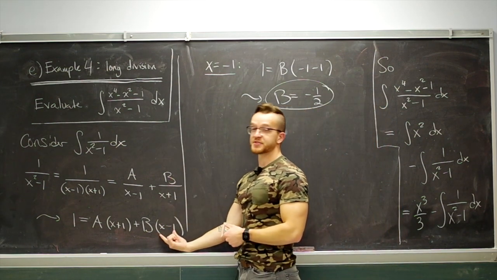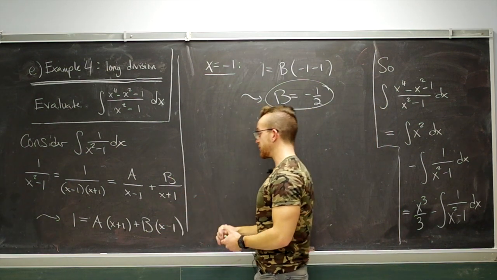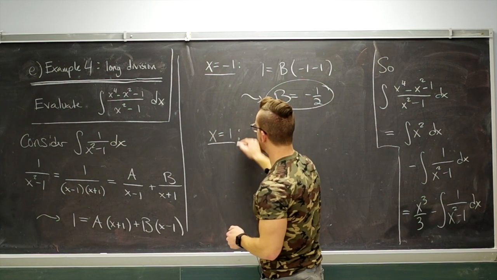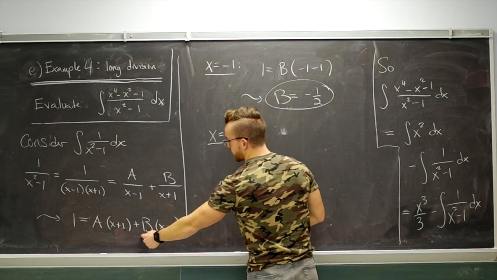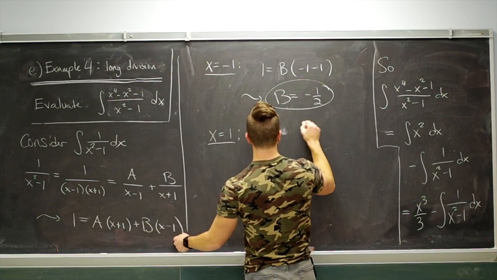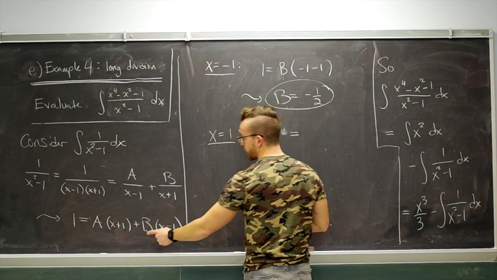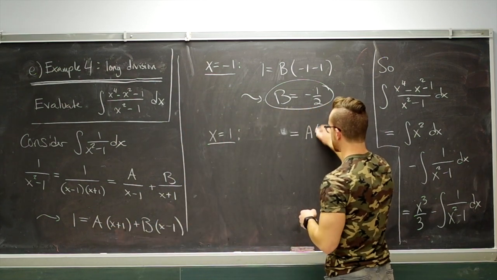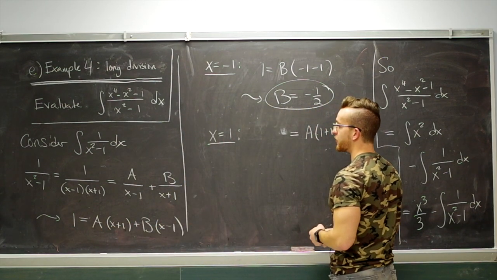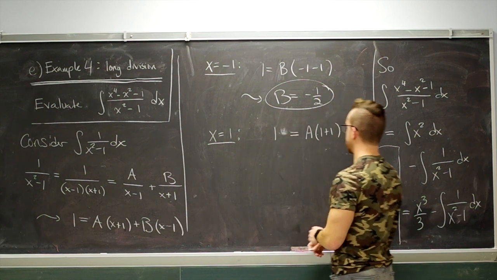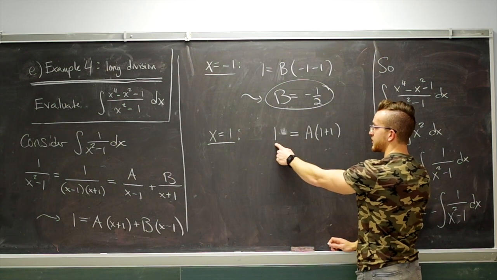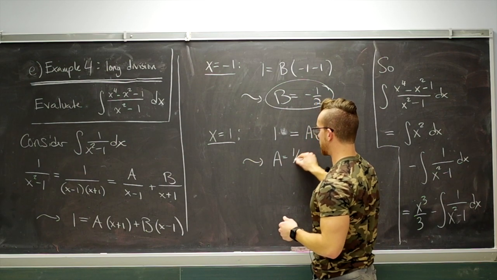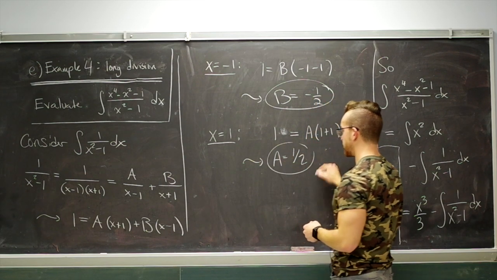Then once we plug in x equals 1, we'll get a, and we'll be in the home stretch. When x equals 1, this term is 0. So on the right-hand side, we just have a times 1 plus 1. And on the left, we still have 1. So 2 times a is 1, so therefore a is 1/2.